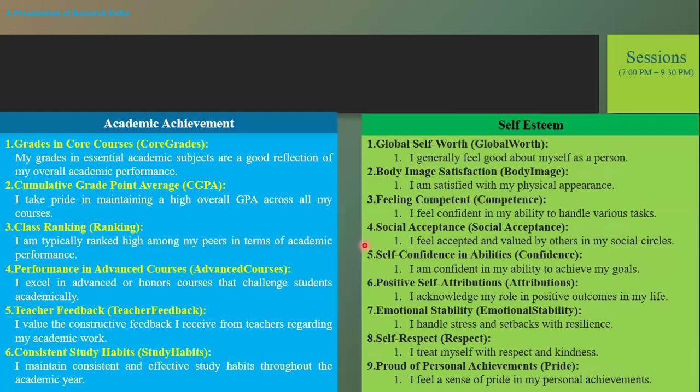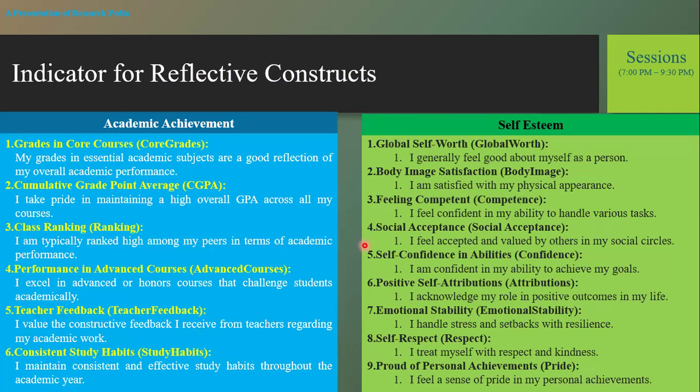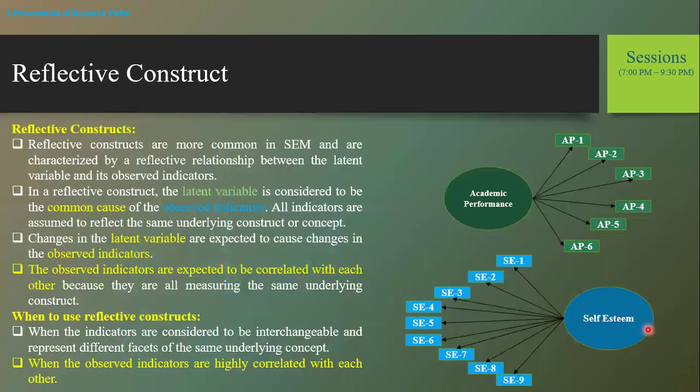So how can we understand that we need to use reflective constructs? How can we judge from our questionnaire statements or items that we need to use reflective constructs? If you see in the previous slides, we may have used academic performance through six indicators. So let's suppose there are six statements involved and there are nine statements for self-esteem.